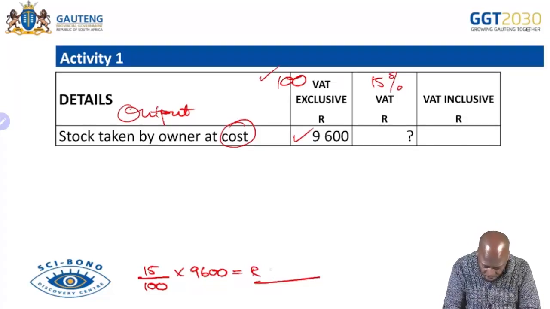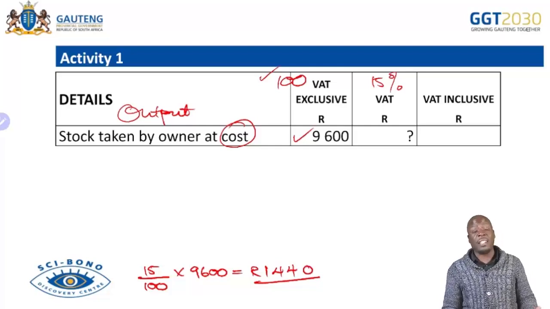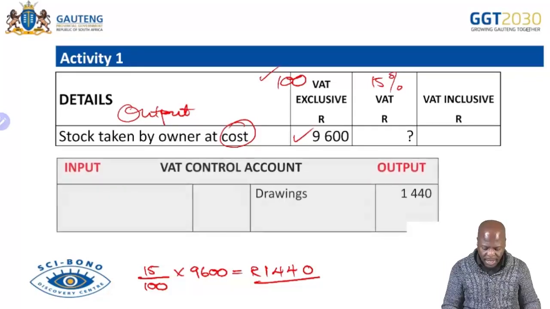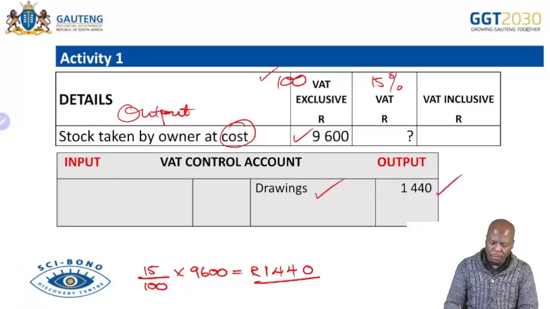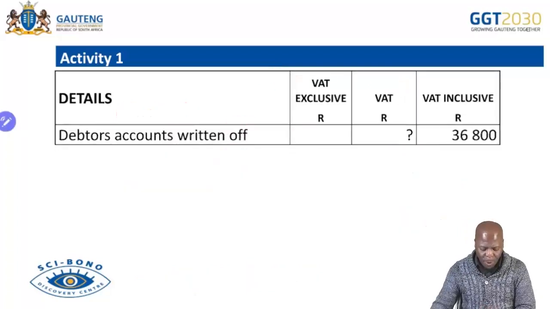We have 1,440. This is the VAT. We've already established that this is output. Let's see. There it is. My drawings. Stock taken by owner, 1,440. It is on my output.